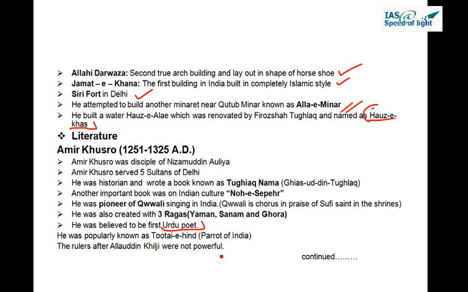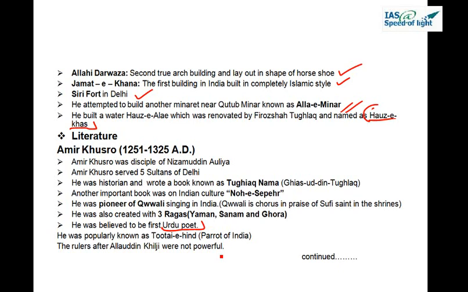So Urdu came out to be a fusion of these languages, while officers at that time used to speak Arabic, while the majority of the population used to speak Hindi. So Urdu came out to be a language mixed between Arabic and Hindi, and Amir Khusro is believed to be the first Urdu poet.